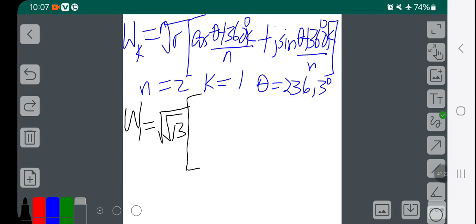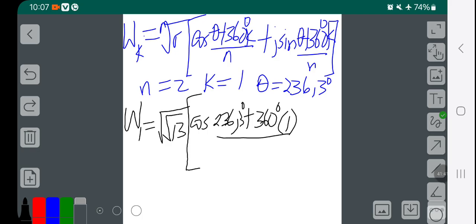Now next, it will be cos of your theta, which was 236,3 degrees plus 360 degrees multiplied by 1 all over your n, which is 2.